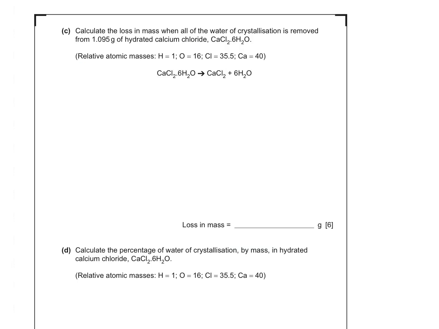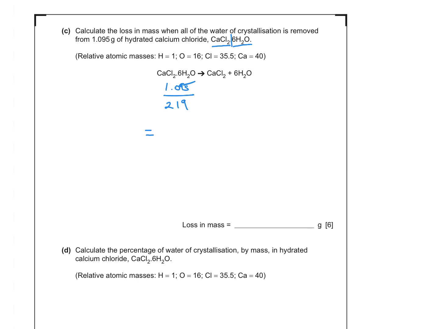Here we've got a reacting mass type of calculation. We've got 1.095 grams of the hydrated calcium chloride. So we divide that by the RFM. So imagine split up into two parts. So work out the CaCl2 mass, or RFM, and then work out 6 waters, 6 18s, and add the two together. And that gives you an RFM of 219.